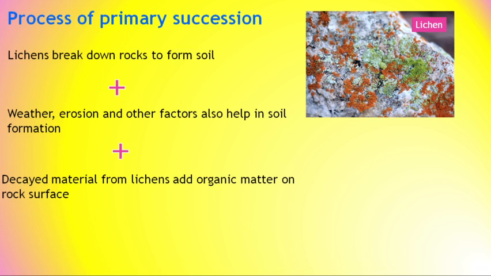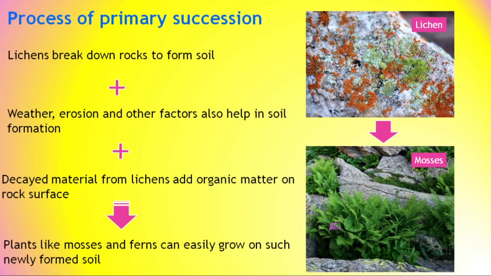Then along with the formation of soil, the decayed material from the lichens will also add organic matter on the rock surface, and slowly plants like mosses and ferns can easily grow on such newly formed soils.